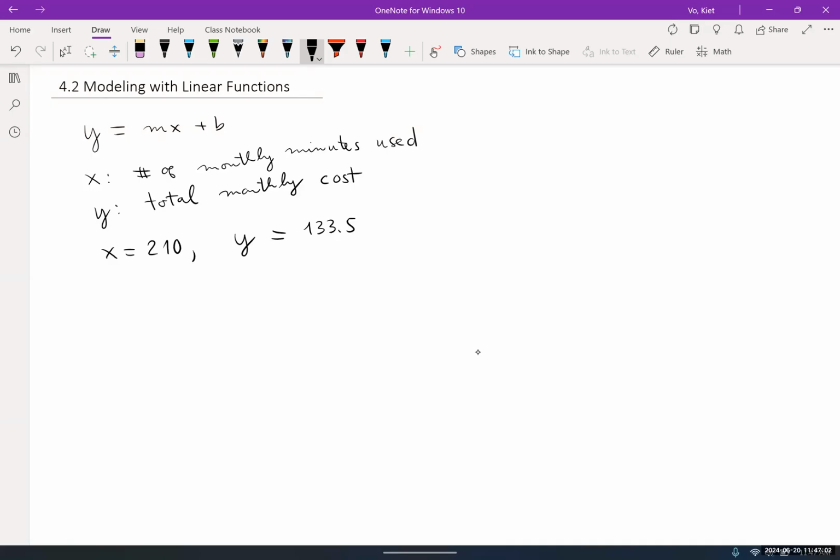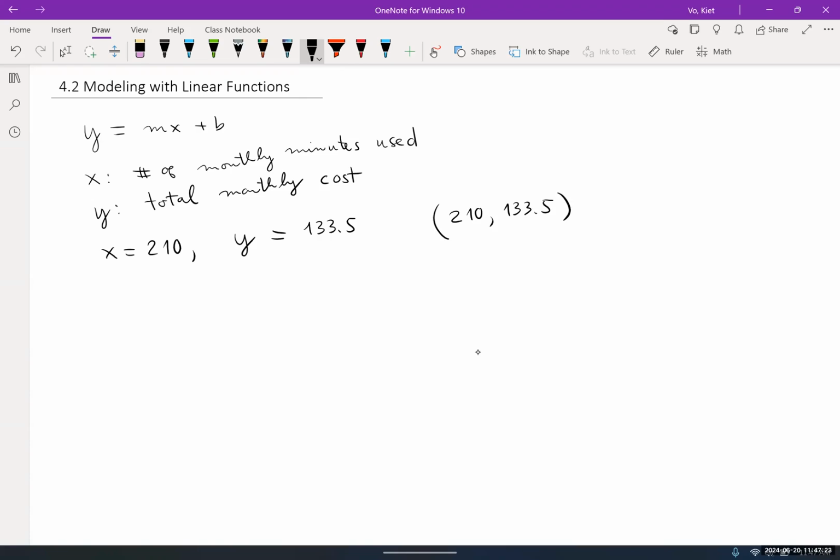So basically this information gives us a pair of numbers, like a point x and y, that we can use to help us find the equation. So we have this ordered pair, 210 comma 133.5.